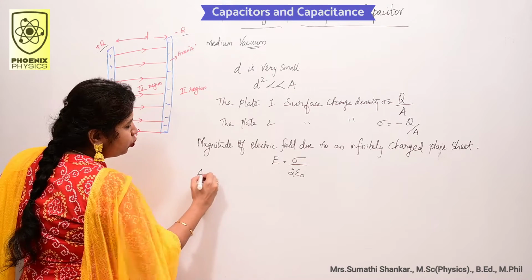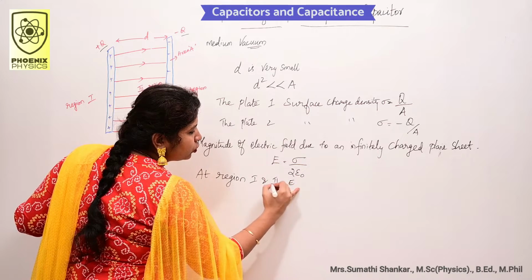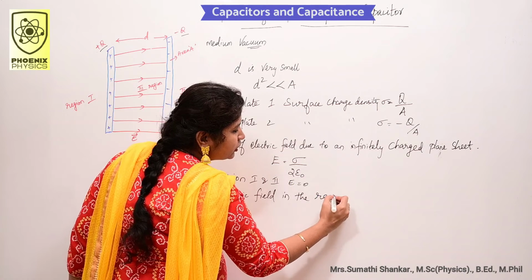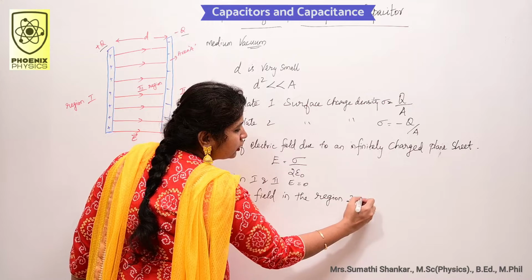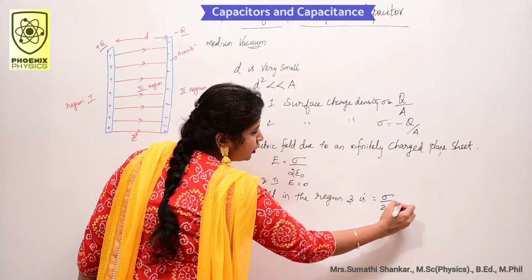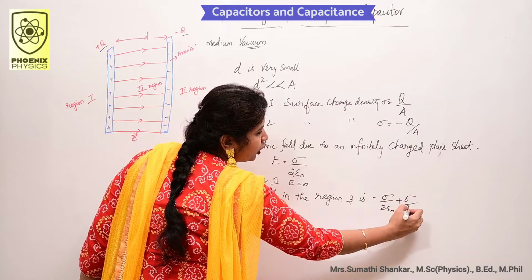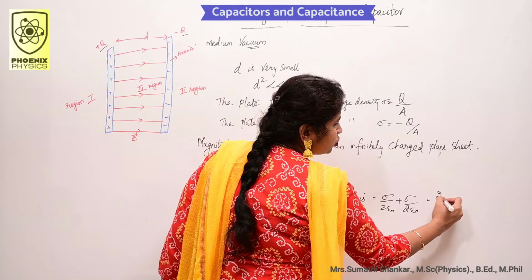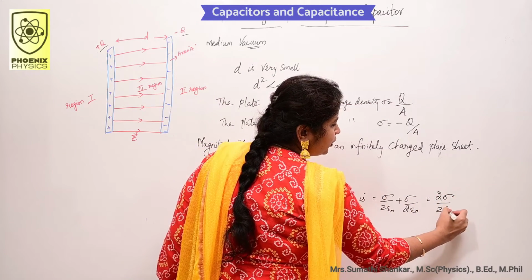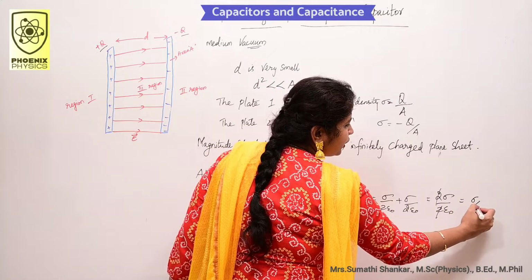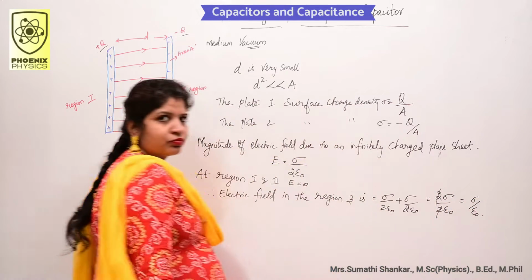At regions 1 and 2, E is 0. The electric field in region 3 is sigma by 2 epsilon naught plus sigma by 2 epsilon naught, which means 2 sigma by 2 epsilon naught. Cancel this 2, and finally you get sigma by epsilon naught.